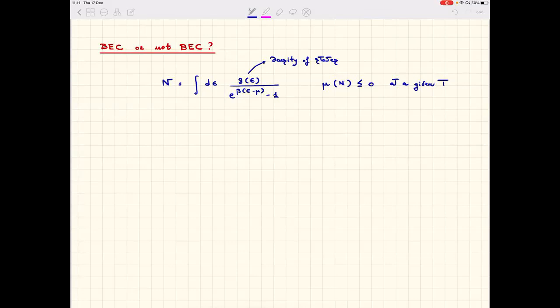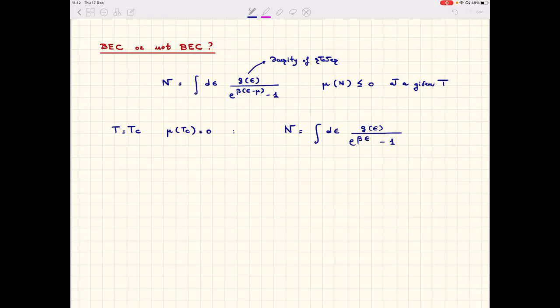Now, in certain cases, there is a critical temperature, T equal to Tc, for which mu at Tc is equal to 0. How do you find this critical temperature? You just try to solve the following equation. Integral d epsilon, g of epsilon, over e to the beta epsilon minus 1, equal to n. Now, solving this equation, you will find what is Tc.